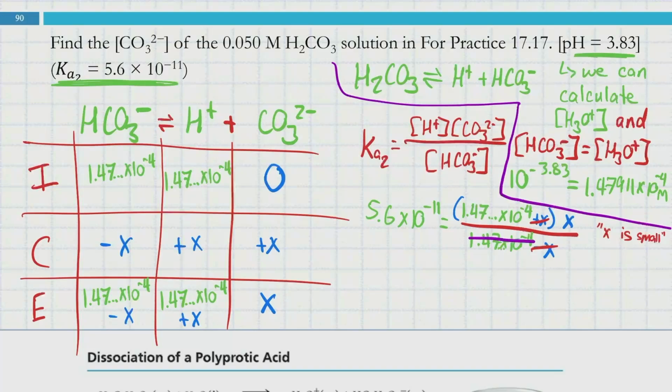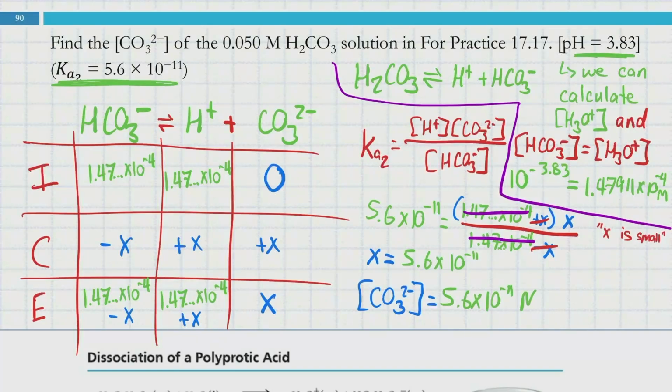And so we can cross those out. And so our x value then is equal to our Ka2. So x is equal to 5.6 times 10 to the minus 11, which means that the concentration of carbonate is equal to 5.6 times 10 to the minus 11 molar.